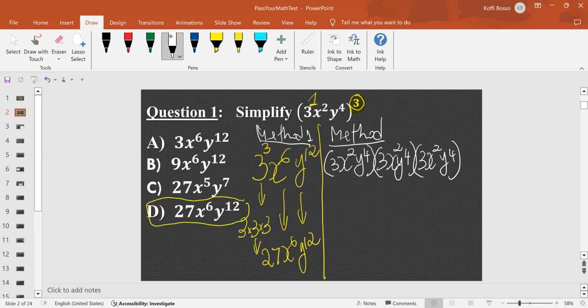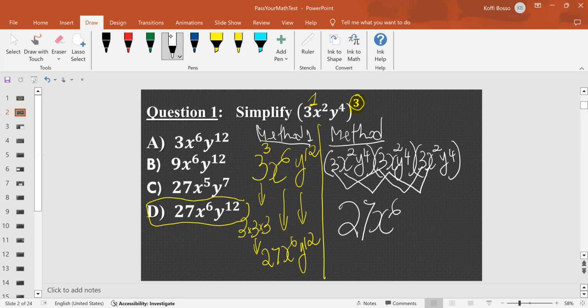Therefore, you will multiply numbers together. So 3 multiplied by 3 is 9, and 9 multiplied by 3 is 27. After that, you multiply x squared by another x squared by another x squared. Doing that, you're going to have x to the 6th power, because every time you multiply exponents, you add the powers.